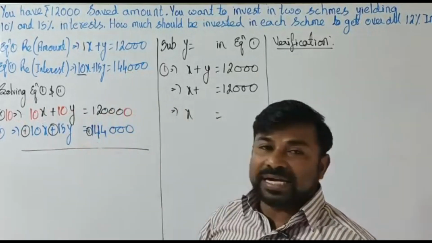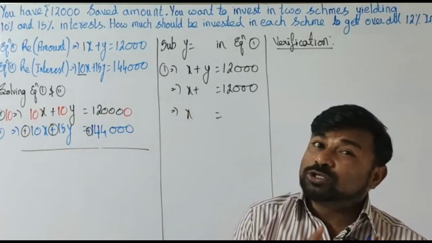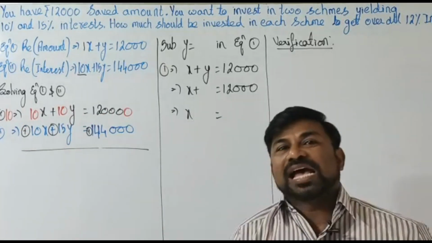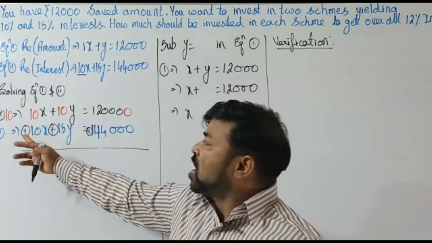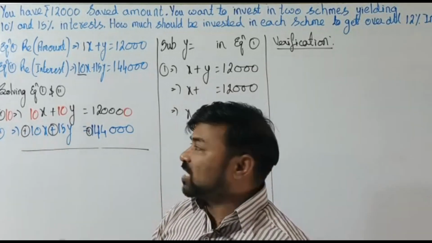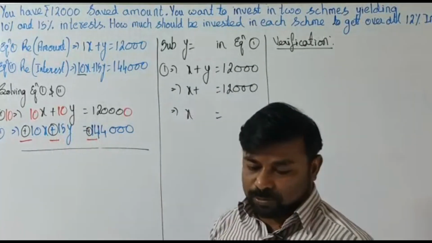Now I have written the second equation. Both have the same coefficient, but to eliminate one of the variables, we should have opposite signs. So I am changing the signs to the opposite.